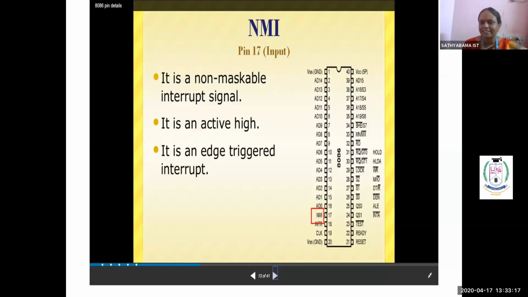Mainly it is used in emergency shutdown. Whenever an accident or fire occurs, this NMI signal goes automatically, and the processor has to pay attention to this signal only. That is NMI, non-maskable interrupt. I cannot mask or stop this interrupt signal.